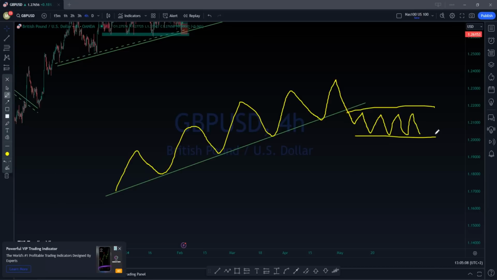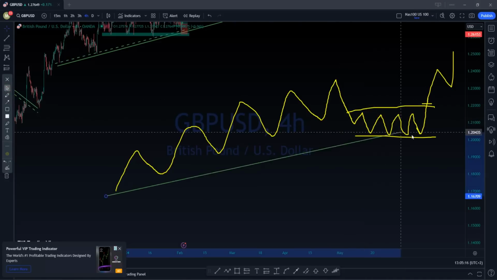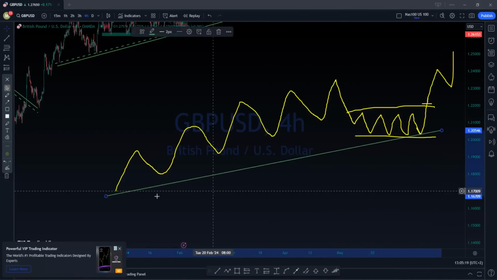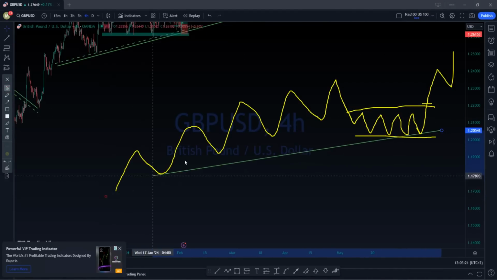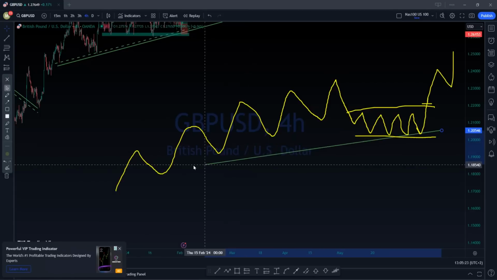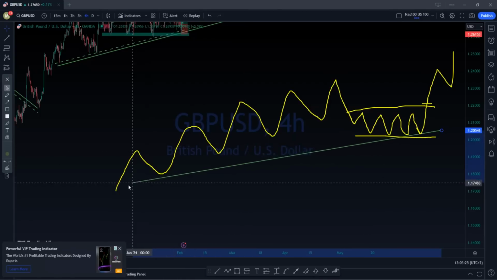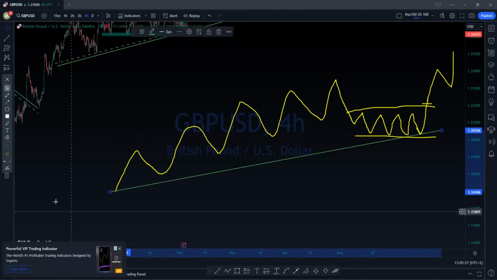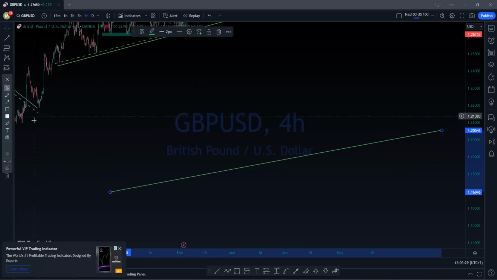Then we draw something like that. Guess what? The market breaks this resistance and starts to continue. Which means one way or another, going further, we're going to change this support area and make sure it touches enough structures. That's why we call it an adjustment.